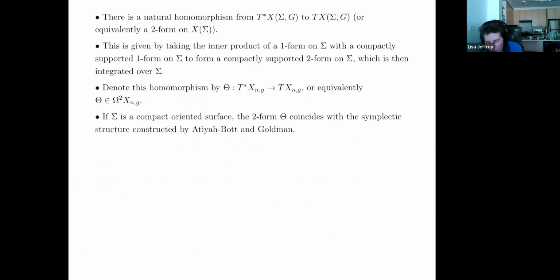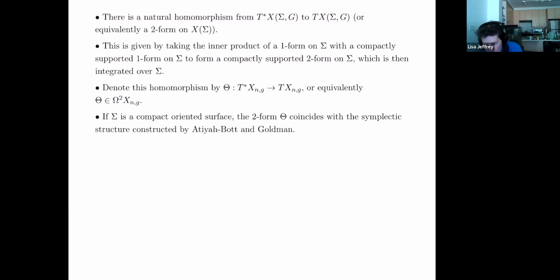So then there is a natural homomorphism from the cotangent bundle of sigma to the tangent bundle of sigma, or equivalently a two form on the character variety. That's basically what we've already constructed. This is given by taking the inner product of a one form on sigma with a compactly supported one form on sigma to form a compactly supported two form on sigma. And then you integrate that over the surface.